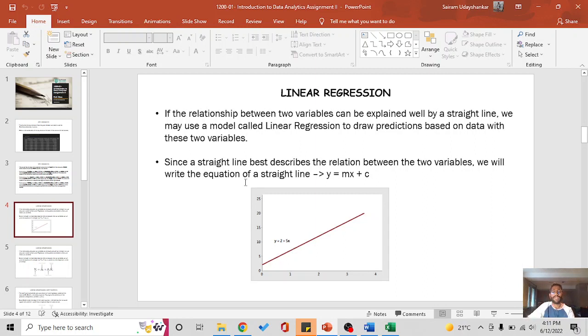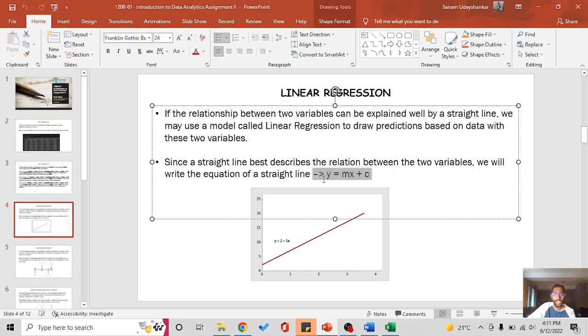So this is how the model will look. It's supposed to be a straight line, and we have the points here and there. We will use this line for future predictions based on the data points that we have.